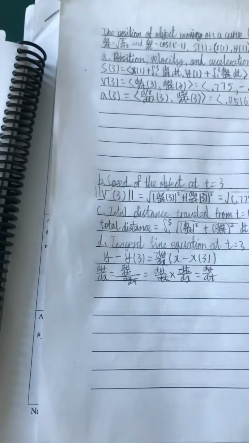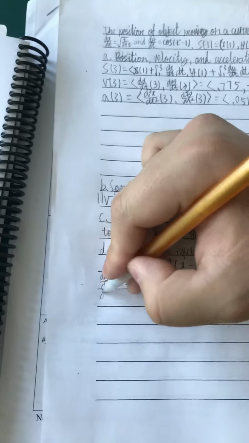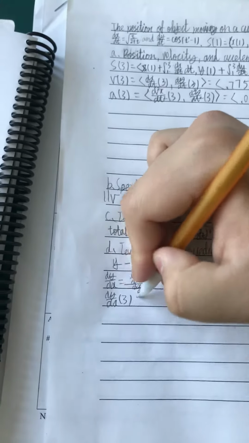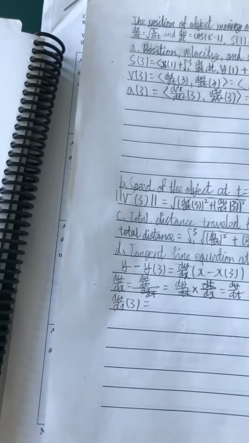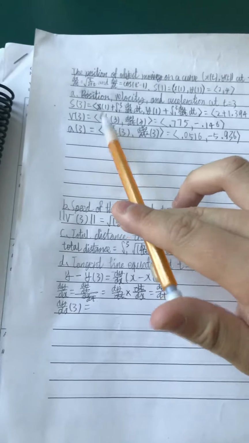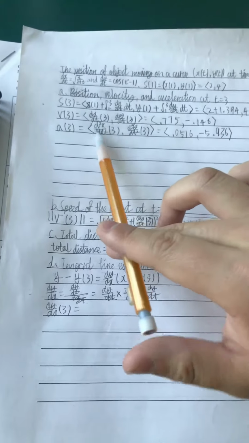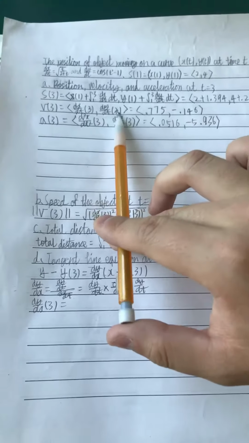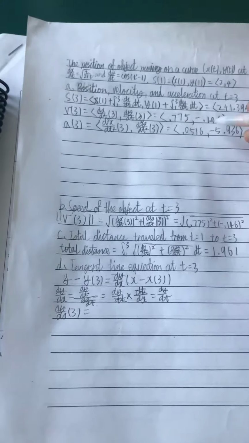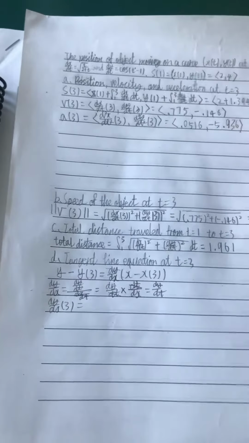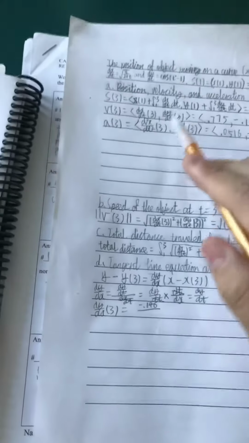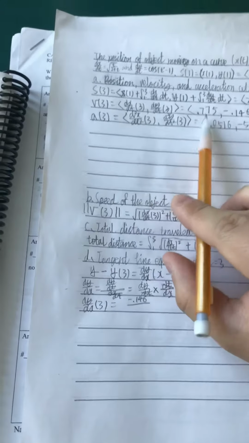In this case, if we want to know dy/dx at time equals 3, we use what we have from the previous problem. We know dx/dt at time equals 3 and dy/dt at time equals 3. So we use dy/dt at time equals 3, which is negative 0.146, over dx/dt at time equals 3, which is 0.775.